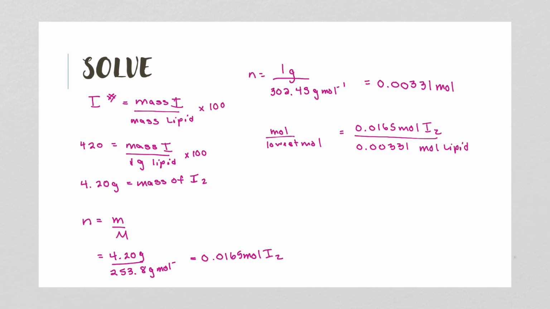We end up with an answer of 4.99 moles of iodine for every 1.00 mole of lipid, or more simply, 5 to 1. So there are 5 carbon-carbon double bonds.